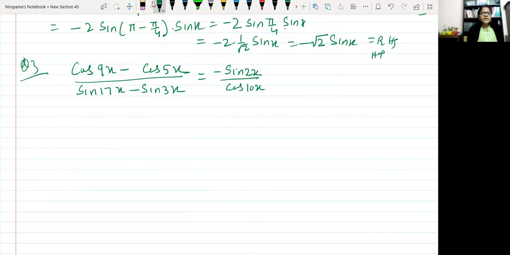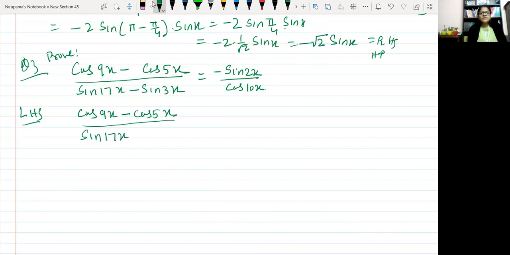Okay, so we have to prove this. Start with LHS: cos 9x minus cos 5x divided by sin 17x minus sin 3x. So which formula can you apply here?